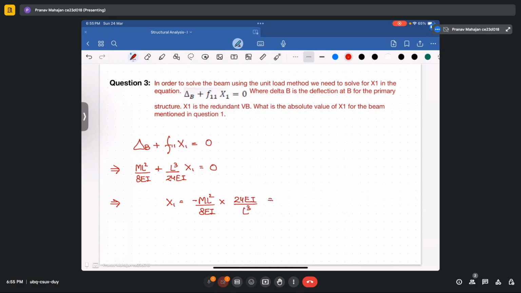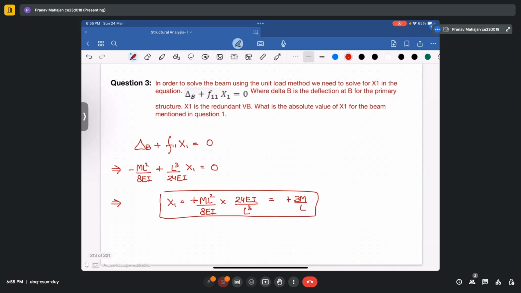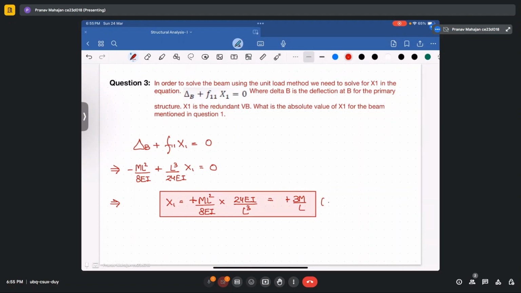And from this you will get minus 3M upon L. Okay. Or if we take the minus sign, this will be plus, so H1 will be 3M upon L in the upward direction.